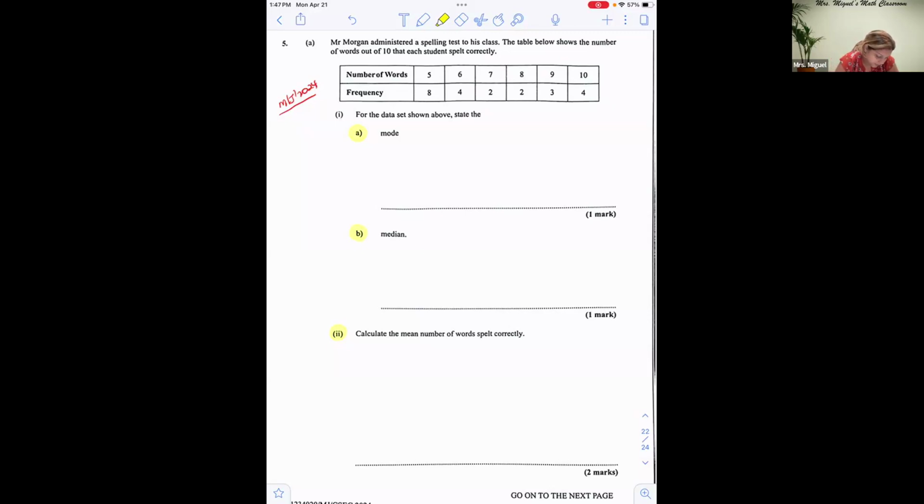All right, for the mode, it is the number of words with the highest frequency, and the number of words with the highest frequency is 5. All right, we are required to find the median.